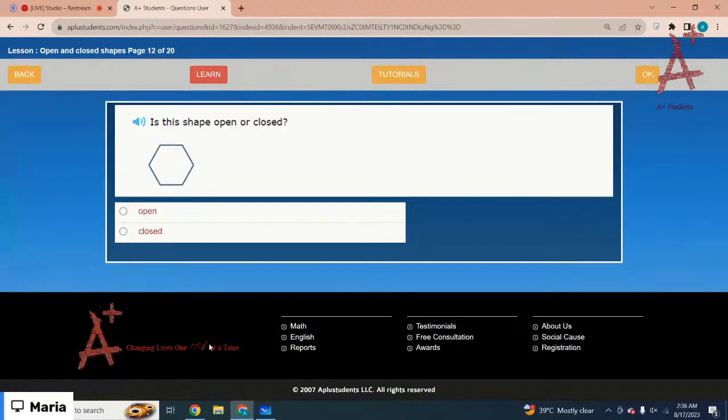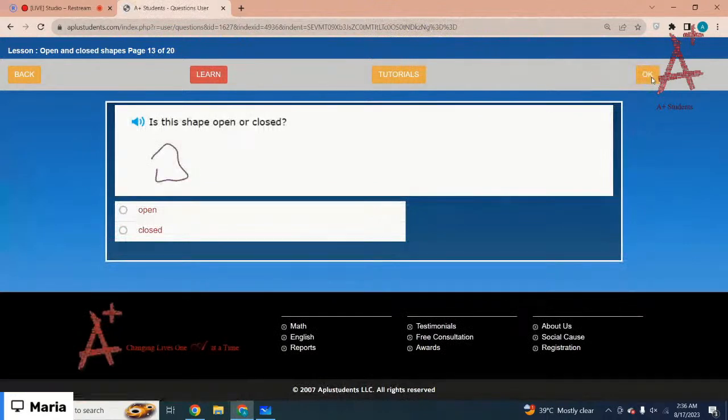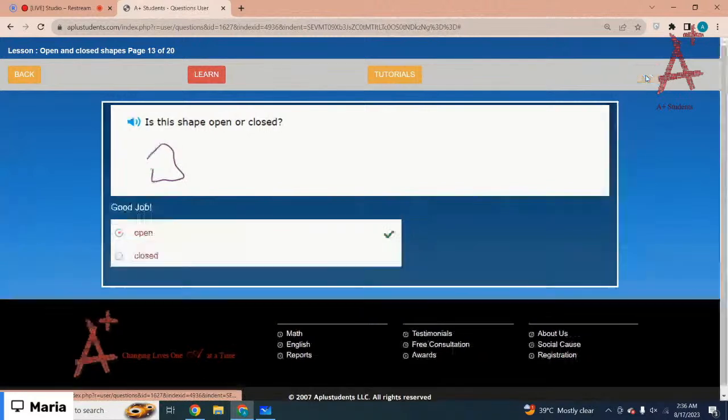The correct option is closed. The correct option is open. If you trace the shape, you start and end at different points, so that means the shape is open.